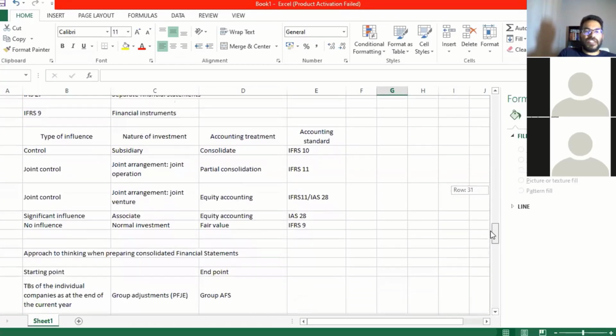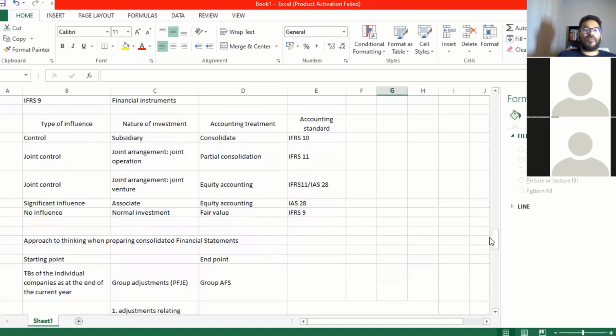Then we went through this table over here, which is the type of influence, the nature of the investment, the accounting treatment, the accounting standard. Remember to identify the type of influence, because the type of influence will determine the nature or the type of investment. The type of investment will tell you the accounting treatment. The accounting treatment will lead you to identify the applicable standard.